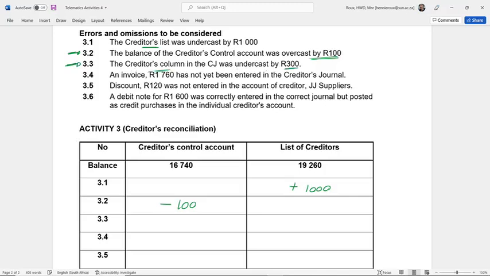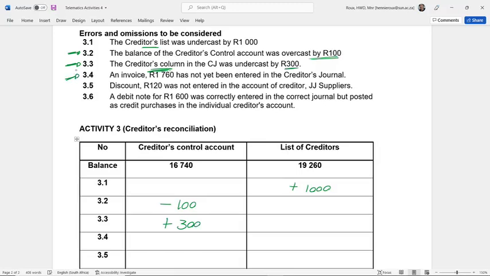It's a column total. Remember from our slide, when it's a total, it's the control account only. The creditors control column in the CJ. In the CJ, our creditors increase. But we've increased with 300 rand too little, so we must add the 300 rand there.